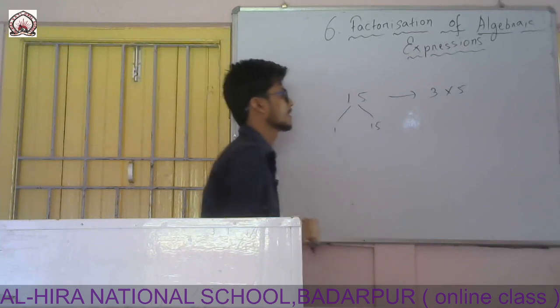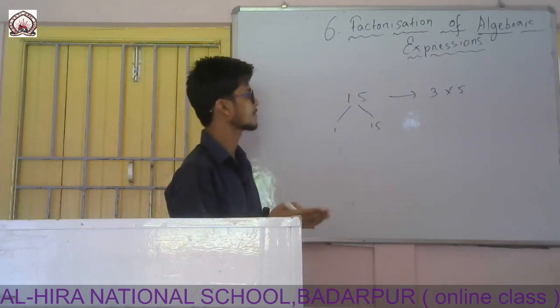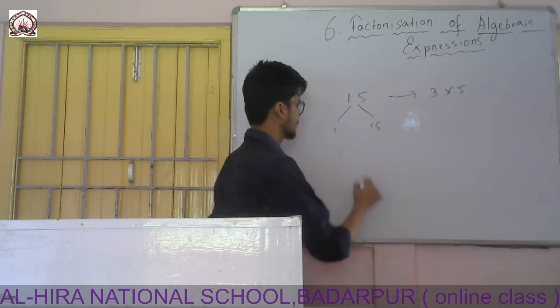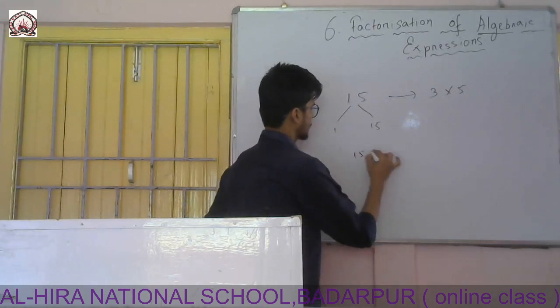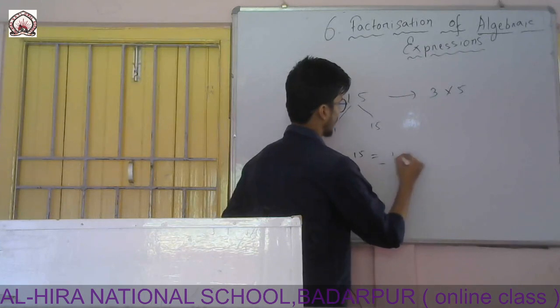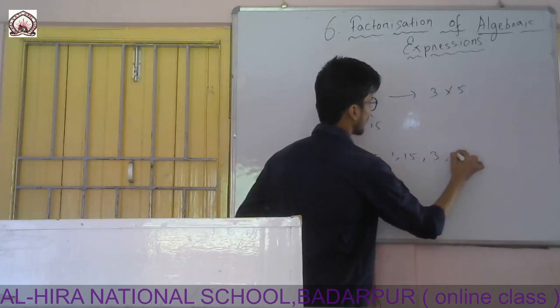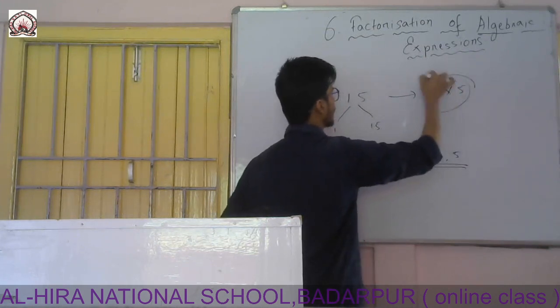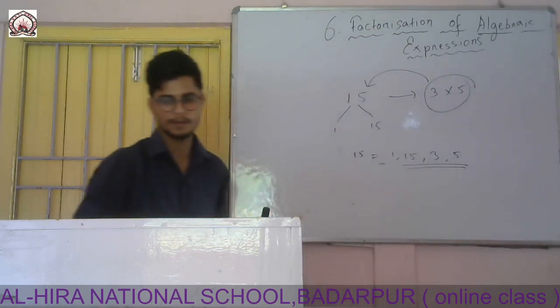Then in the 4 table, 15 is not there. Again, 5 3s are 15, so no need to write. So the factors of 15 are 1, 15, 3 and 5. These are the factors. If we multiply them, we will get the number again.